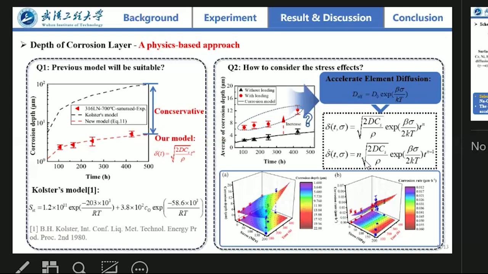So we include a term that we call the accelerated element diffusion, in the blue parts, and now put the accelerated element diffusion into our model. You can see this is the new equation, and in the 3D figure you can see that with this new model we can predict the depth of the corrosion layer very well, with loading or without loading.